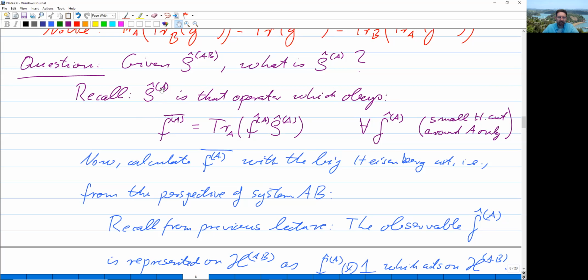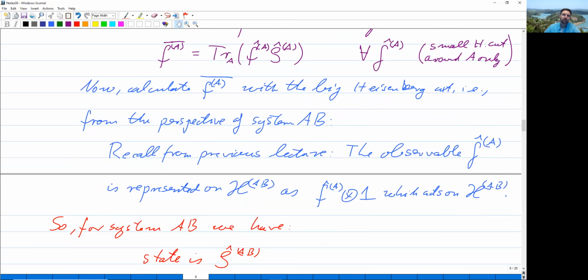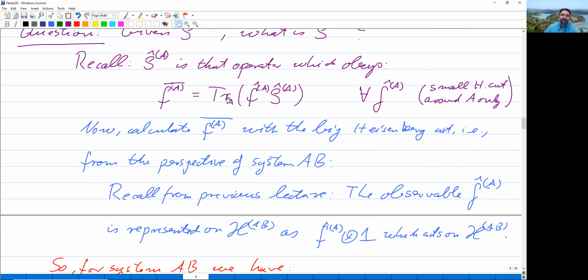Rho hat A is that operator which obeys that the predictions for any observable are calculated by calculating the trace of observable times density matrix. We know that from the small Heisenberg cut perspective. We know how to treat systems A. Expectation values are calculated by calculating the trace of observable times density matrix. So the desired rho hat A is that operator which obeys this for all observables.